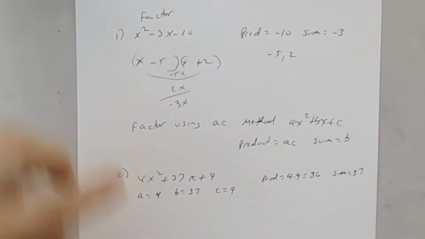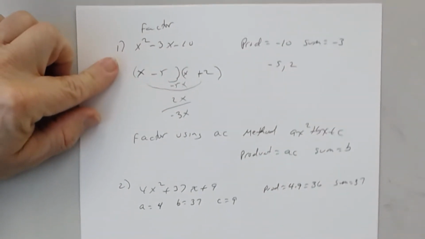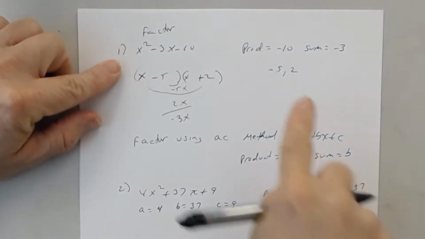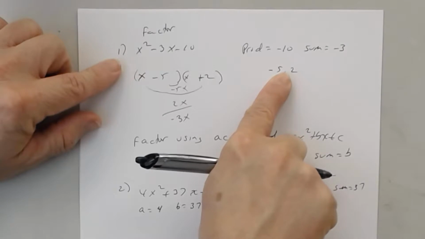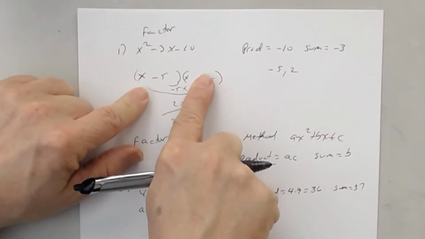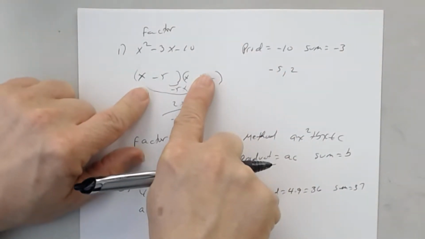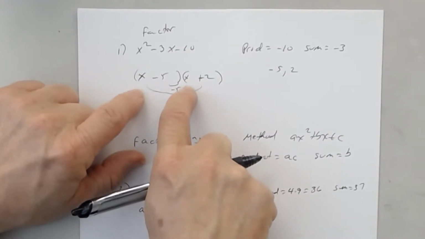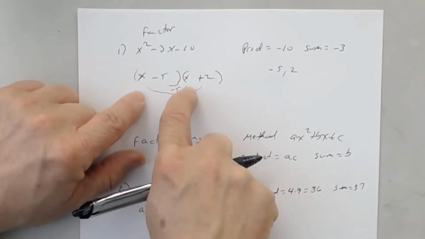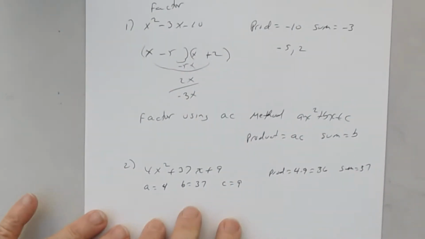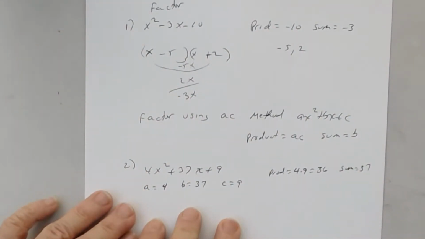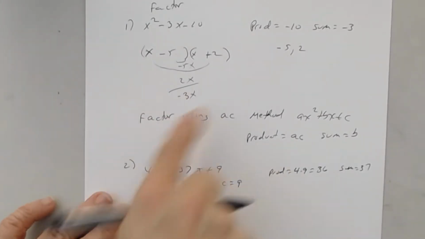Now, when we did this right here, once I found those two numbers that worked, I went directly to the parentheses. And the reason I could do that is because these first terms were the same. Now they're not going to be like that. So I can't go directly to the parentheses like I did here. I can't just put these numbers inside those parentheses.